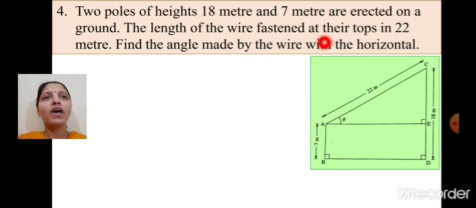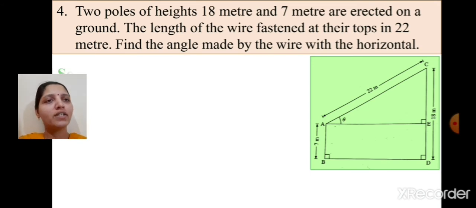The length of the wire fastened at their tops is 22 meters. So here the line of vision will be of 22 meters. The top of the first pole and top of the second pole you have to join, and that will be of 22 meters. Find the angle made by the wire with the horizontal. So segment AE will be your horizontal, and this angle theta you have to find out.